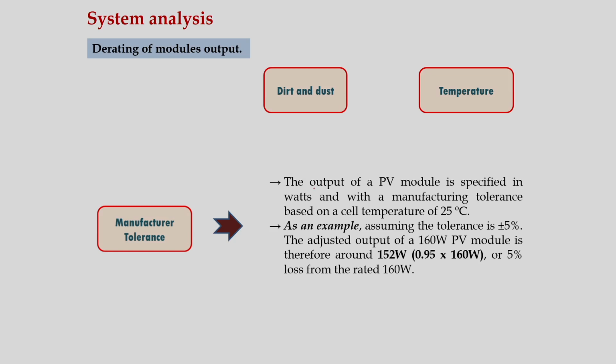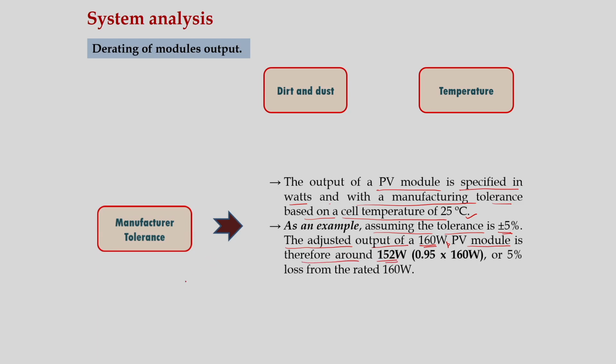The output of a PV module is specified in watts and with a manufacturing tolerance based on a cell temperature of 25 degrees C. If we take an example, assuming the tolerance is 5%, the adjusted output of a 160 watt peak PV module is therefore around 152.